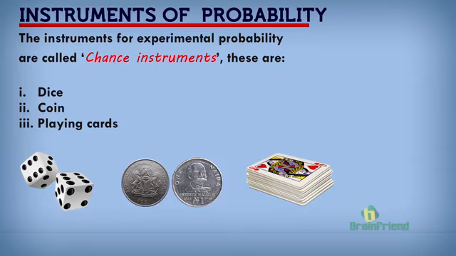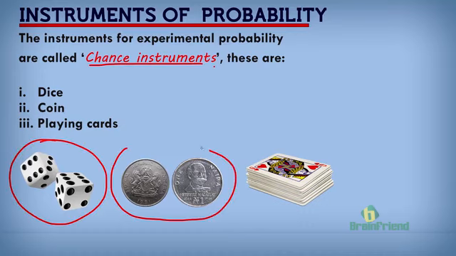Now, in carrying out experiments in probability, we normally make use of 3 basic instruments. These instruments are referred to as chance instruments, and they are dice. We also use the coin, like we explained earlier, where you have the head and the tail.